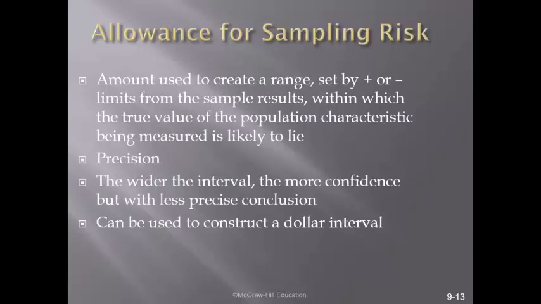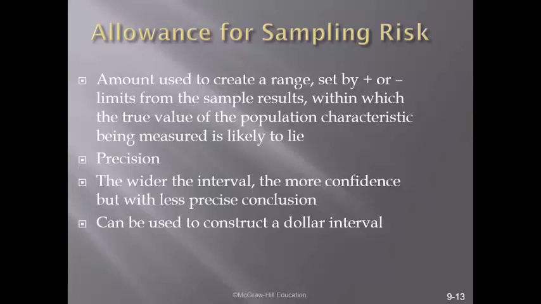The allowance for sampling risk is the amount used to create a range set by plus or minus limits from the sample results from which the true value of the population characteristic being measured is likely to lie. The allowance for sampling risk is also called the precision.